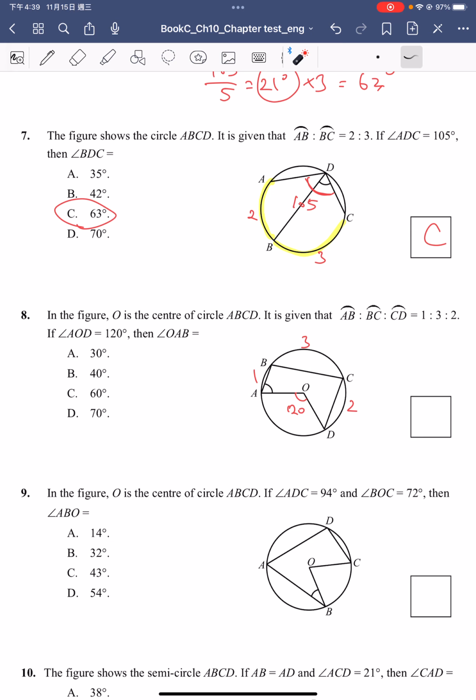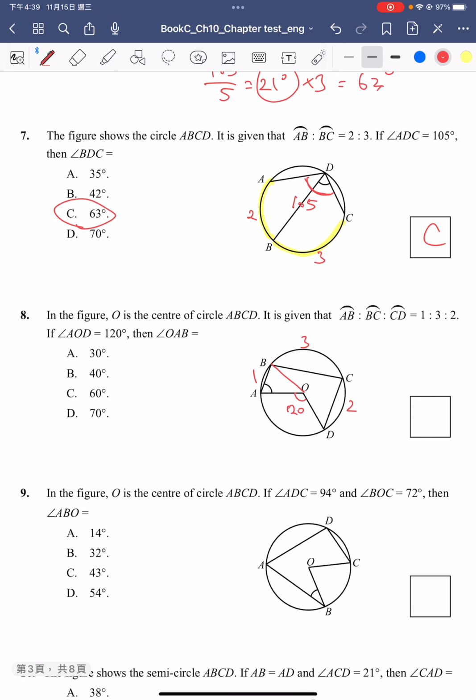But actually, if we join the OB together, then we can say this angle OBA is actually equal to OAB as well, because OB and OA are radii, so the base angles are going to be the same. So if we know the angle here, then we can find out the required angle OAB. Okay, so this angle is actually just in the ratio of this AB, isn't it?